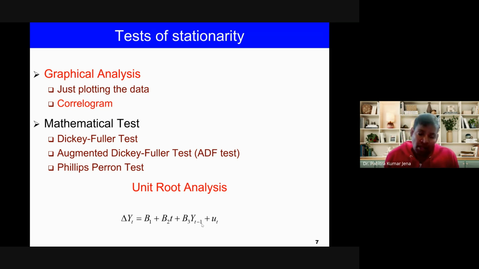When you are collecting qualitative data, you have data on binary variables, on Likert scales, on nominal variables, and on ordinal variables. There, first you do the reliability test. That is Cronbach's alpha.